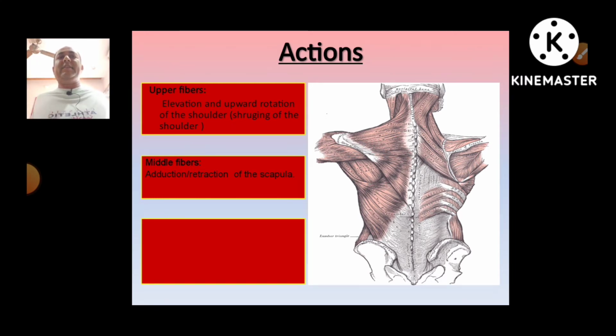And the third, the lower fibers, depress the shoulder and steady the scapula, meaning downward movement of the shoulder. Upper fibers, upward movement; lower fibers, downward movement; and middle fibers, adduction.